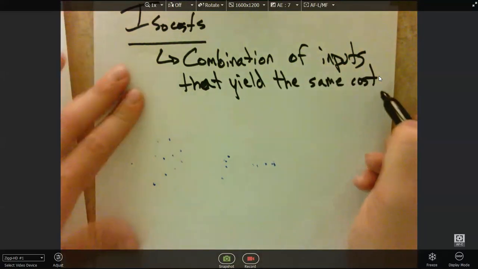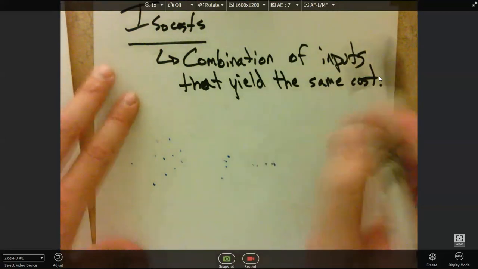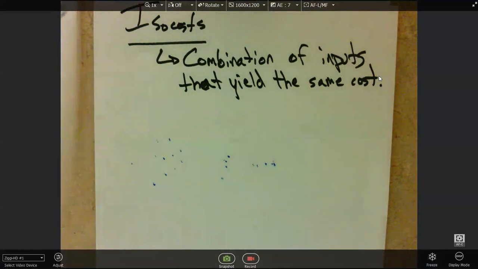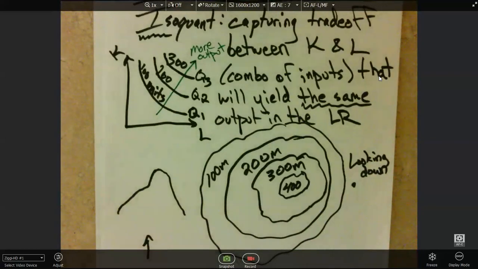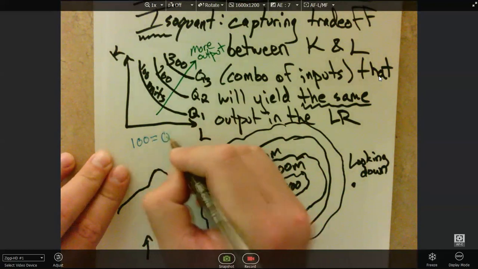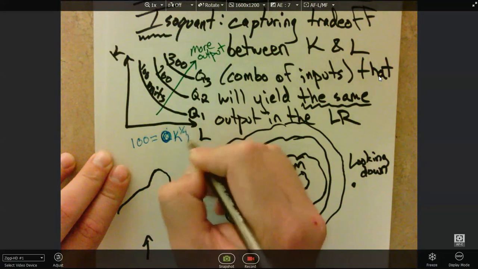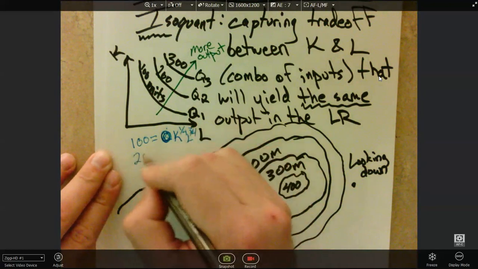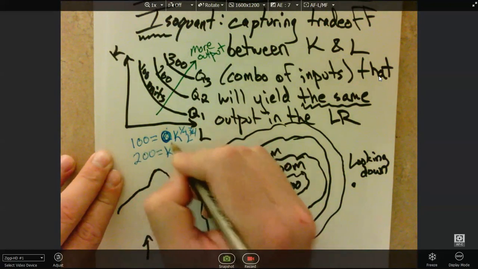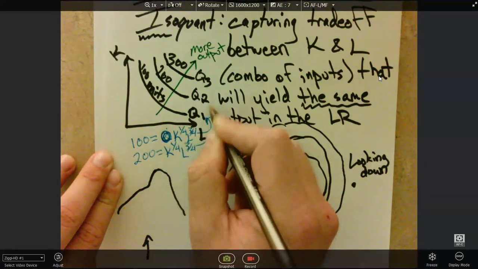So before, with the isoquants, it was something like 100 equals K to the 1/4, L to the 3/4, 200 equals K to the 1/4, L to the 3/4, right? And that was related to each one.